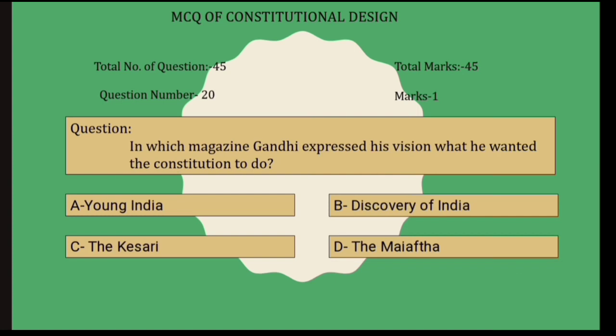In which magazine Gandhi expressed his vision, what he wanted the Constitution to do? Option A. Young India, B. Discovery of India, C. The Kesari, D. The Maifta. Correct option is A. Young India.